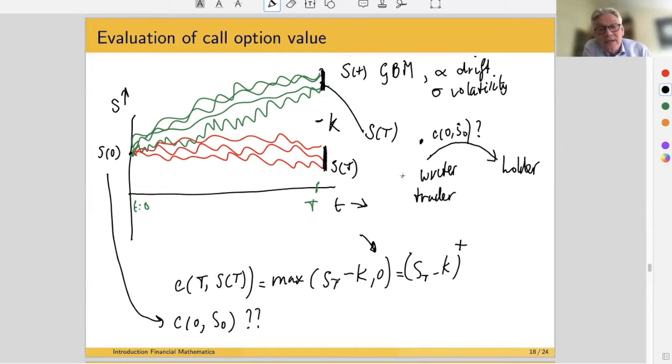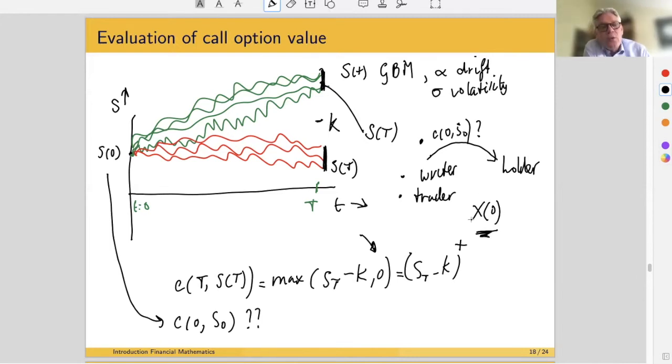The writer, in other words, the trader, buys a portfolio at time 0, a portfolio of stocks and cash, exactly our portfolio X, buys the portfolio consisting of delta stocks and the remaining part in money in such a way that at final time, whatever happens, there is no gain nor losses.